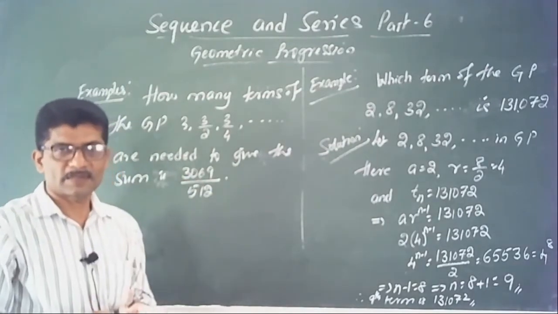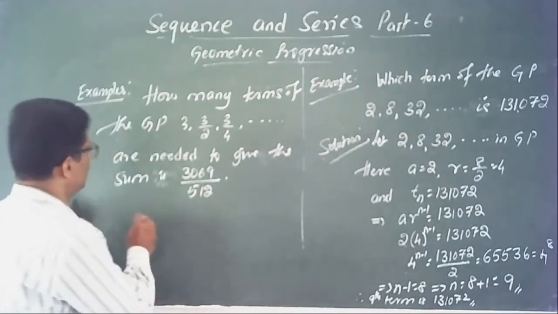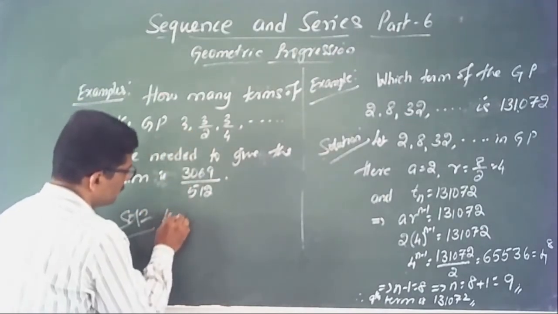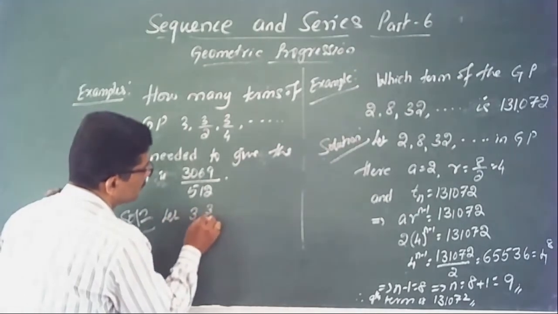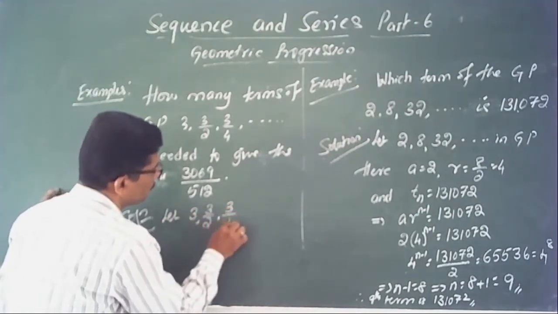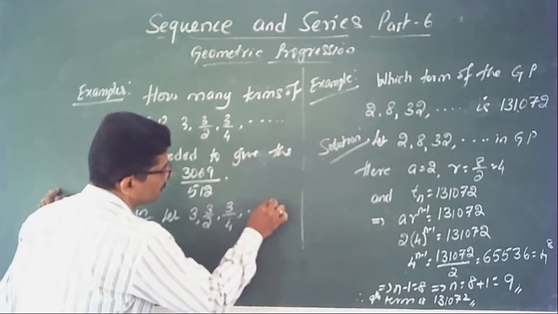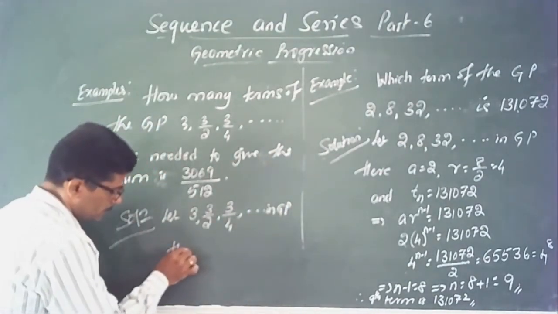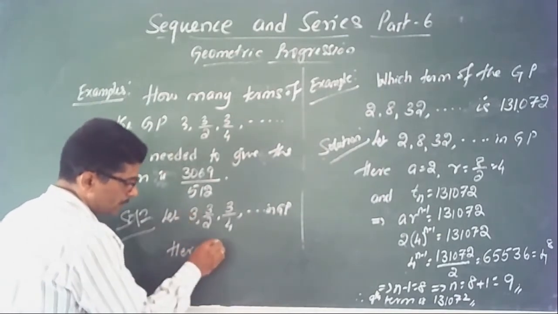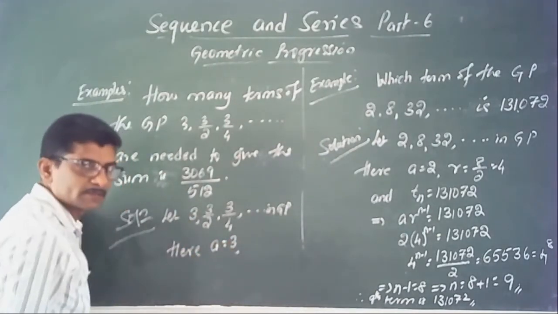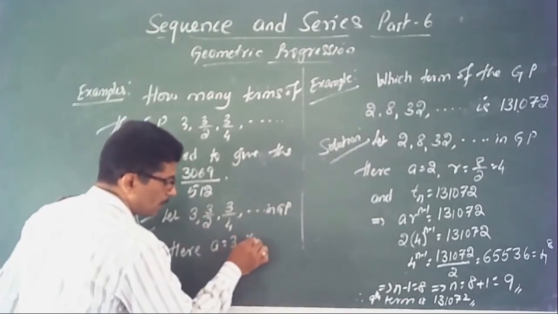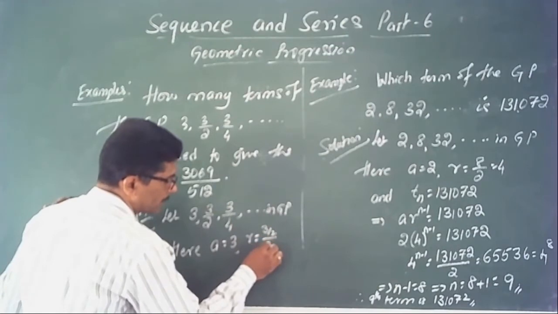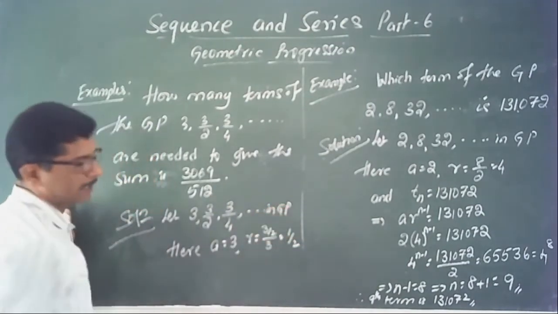Here also find the value of n. It is clear. Here also they have given that it is a GP: given that 3, 3 by 2, 3 by 4 are in GP. Here the first term is 3, r is equal to 3 by 2 divided by 3, any term divided by its previous term, 1 by 2.